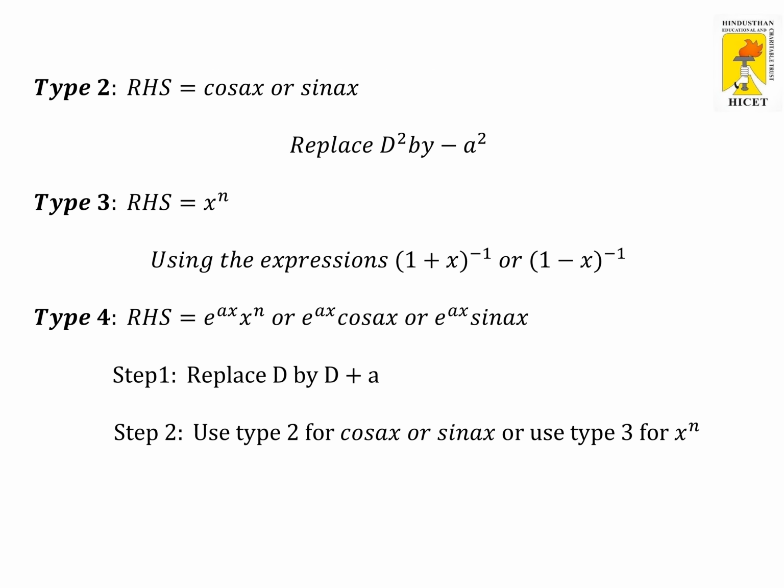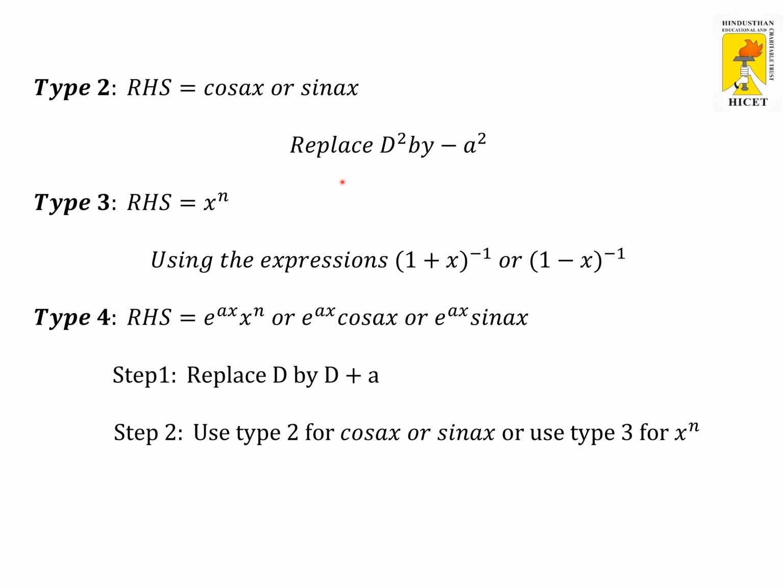Type 2, if f of x is either cos ax or sin ax, then replace D squared by minus a squared. Then the remaining D term we multiply and divide by its conjugate. Again we get D squared in the denominator, so once again we repeat the same procedure.